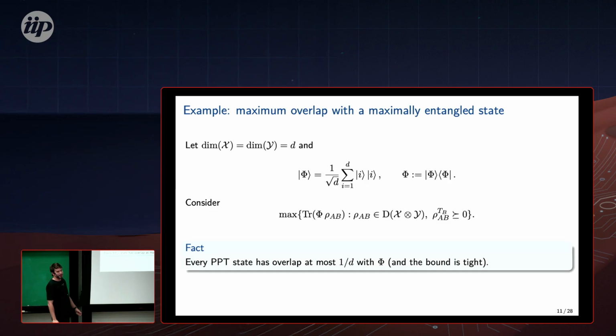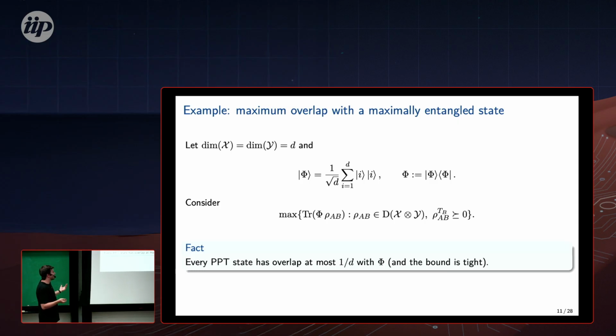I think I didn't write this down over here, but imagine that we are trying to compute the maximum overlap of separable states with this maximally entangled state over here. So in some sense, the separable state that approximates it the best.